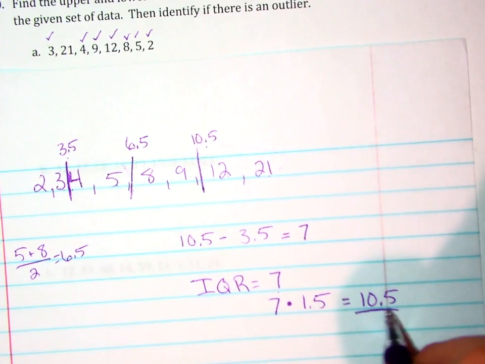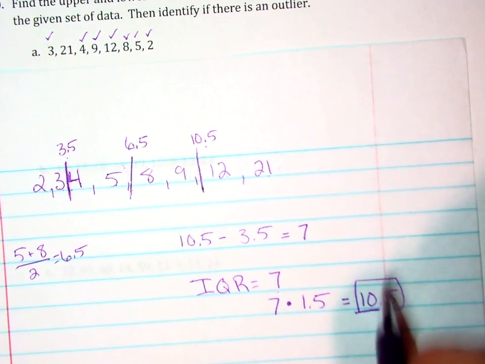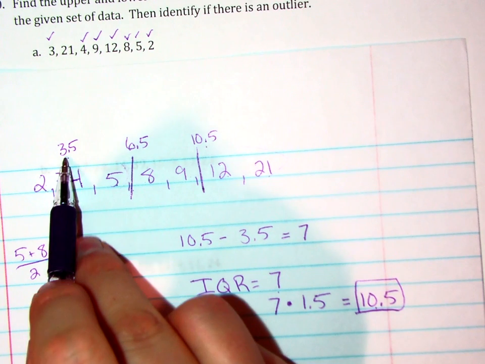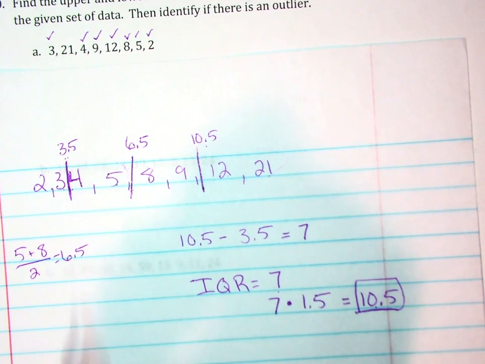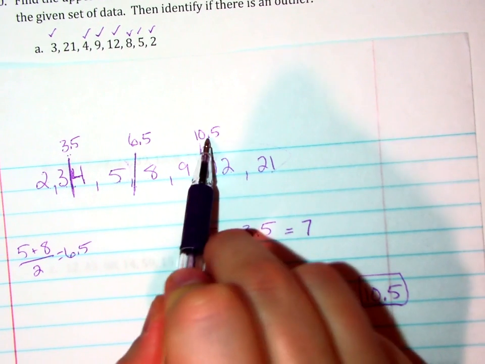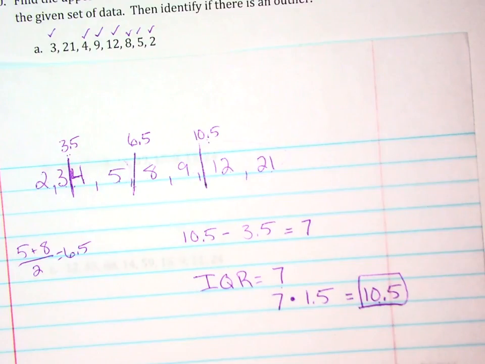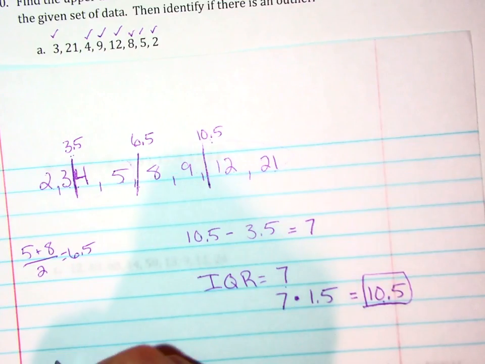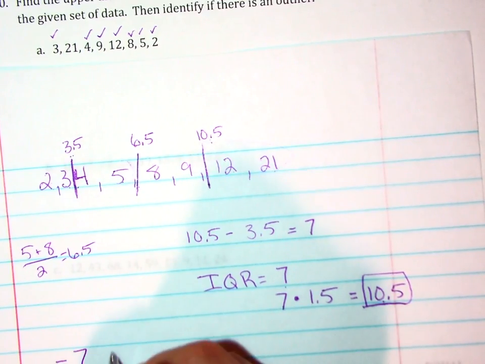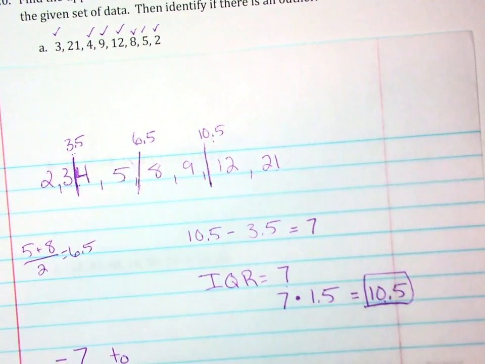I take my value 10.5 and I'm going to subtract it from my Q1 and add it to my Q3. So 3.5 minus 10.5 gives me negative 7. 10.5 plus 10.5 gives me 21.